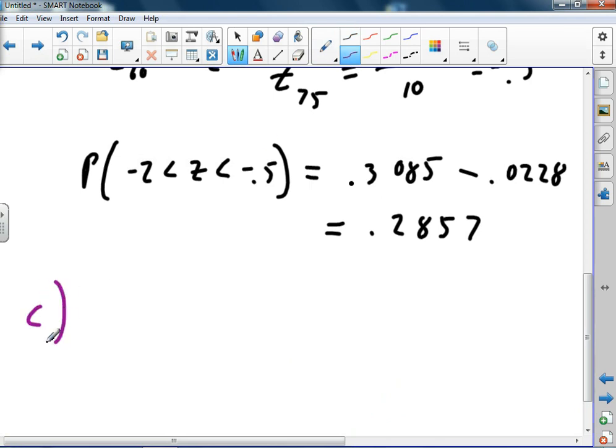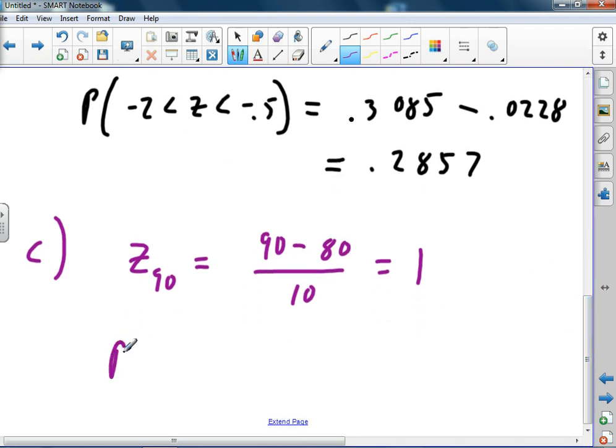C. Assume that the class has 60 students that take the exam in a 90-minute period. How many students do you expect will be able to complete the exam in the allotted time? Okay, so we need the Z value for 90 minutes, which is going to be 90 minus the mean, which is 80, divided by 10, which is 1.